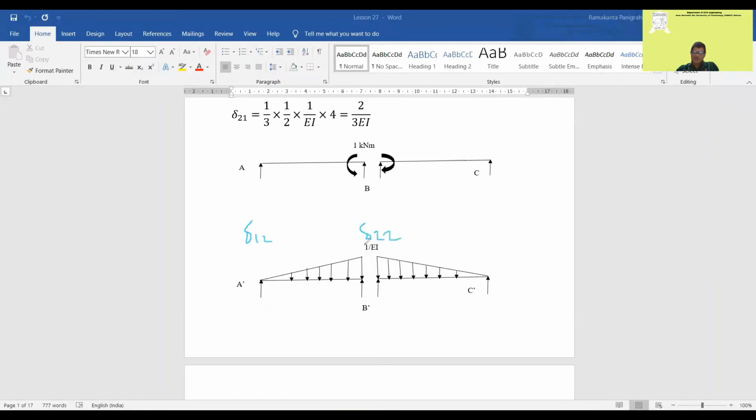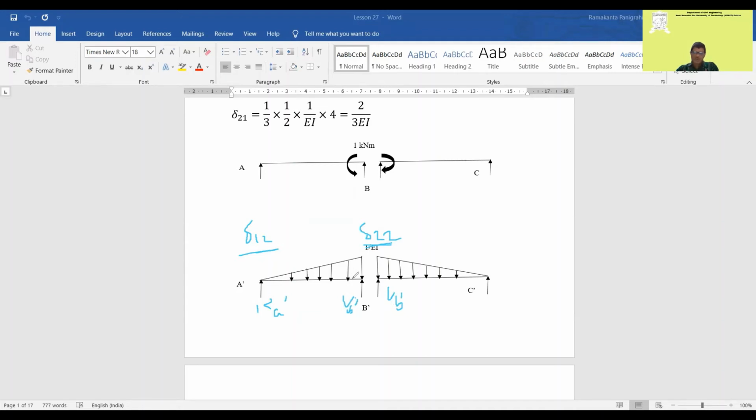To find delta 2,2 and delta 1,2, this M by EI diagram will be the loading for this conjugate beam. Then we will find the reaction here, RA dash, and here we will find VB dash for the span A dash B dash, and VB dash for the span B dash C dash.